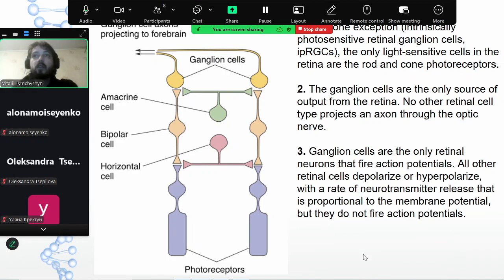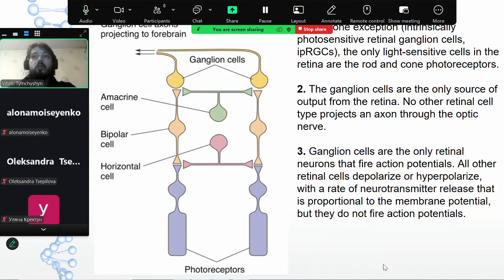The ganglion cells are the only source of output from the retina. These cells are the only ones projecting and sending information to the brain. All the rest live in the retina, and whatever they do, they do it in place. And ganglion cells are the only retinal neurons that fire action potentials.